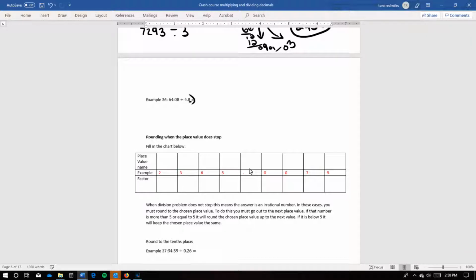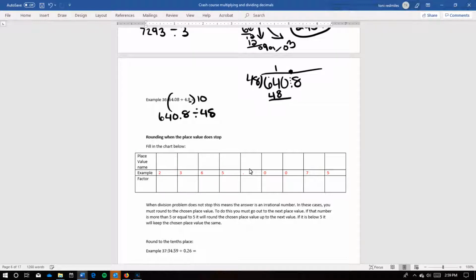This goes out to the tens place, so I'm going to multiply everything by 10, and that is what I get. First thing I need to do is put that decimal up there. Alright, so 48 can go into 64, I believe only one time.